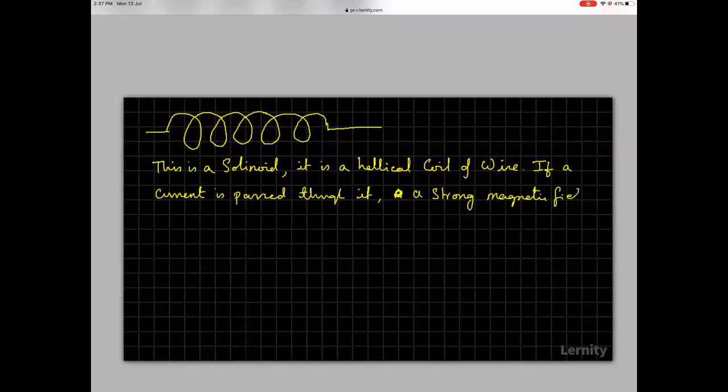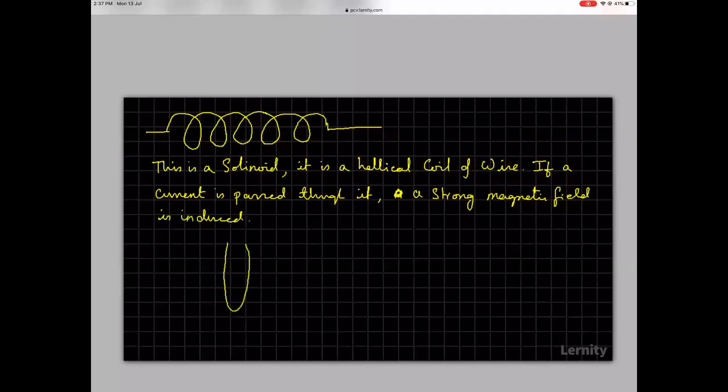A very strong magnetic field is induced. Okay, so we will discuss how this happens.